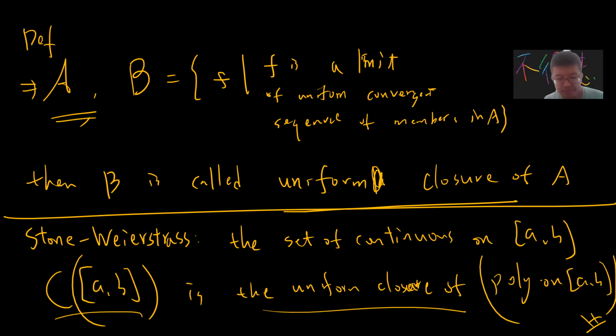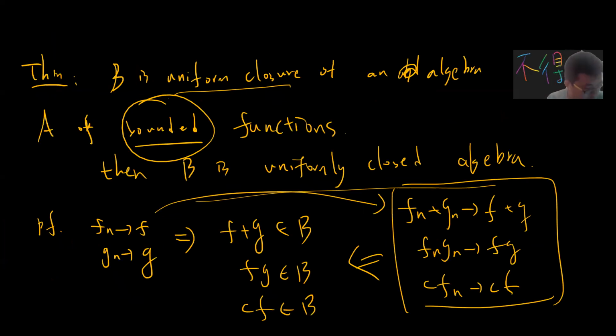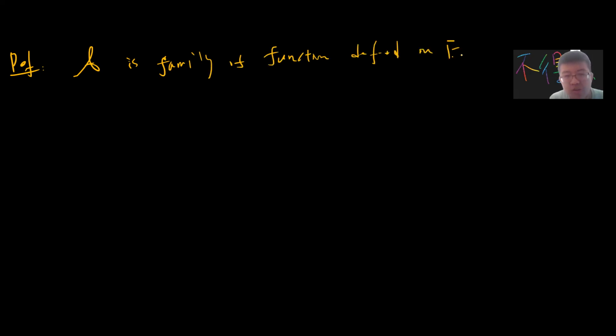Okay, now let's work on some other definitions. This definition is also interesting. Amazingly, I hadn't seen this when I was an undergraduate. Let's say A is a family of functions defined on E, and in this case the functions should be complex.